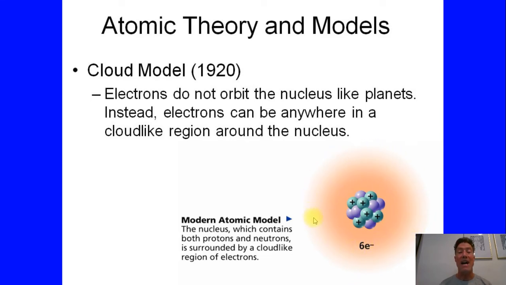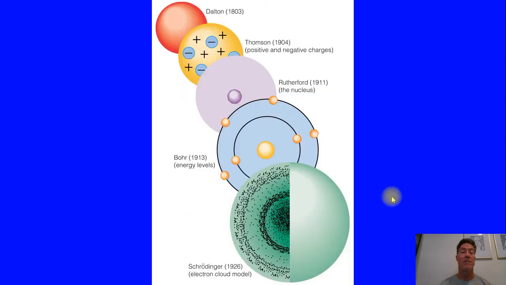They move so fast that we can't really detect them directly, and we can't tell where they are or what their speed is without distorting it. So this is the modern atomic model. Again, we have a nucleus containing protons and neutrons, but the electrons are in a cloud-like region around the nucleus.